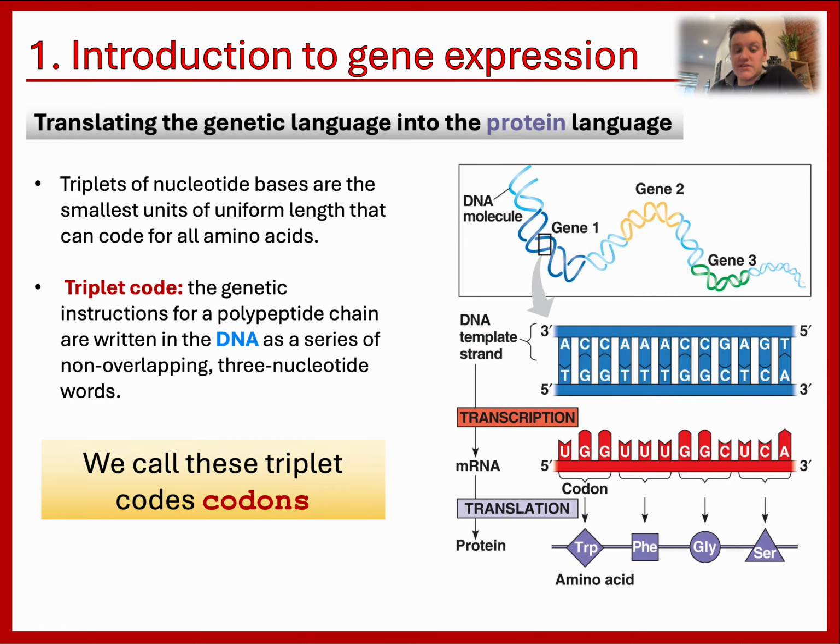So these are called codons. One UGG, with 3 nucleotide bases, is called a codon because it encodes one amino acid. And by encodes, I mean it's the instructions too.